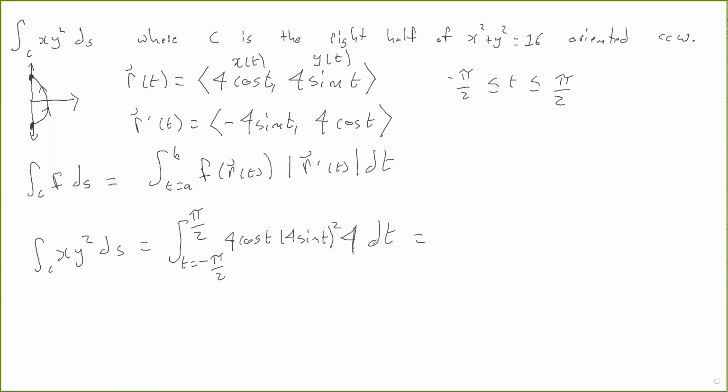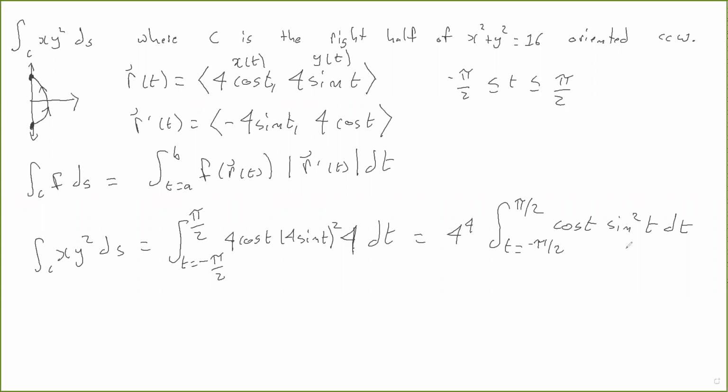And this is going to be equal to 4 to the power of 4 times the integral from t equals minus pi over 2 to pi over 2 of cosine t sine squared t dt. Okay, and we can figure out what 4 to the power of 4 is in a moment.